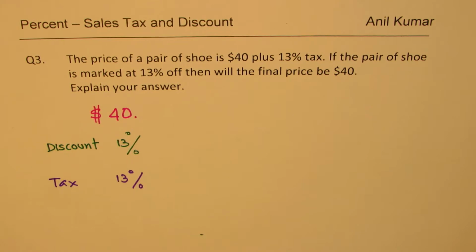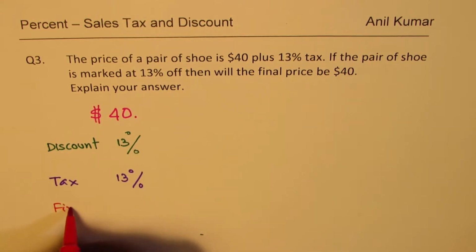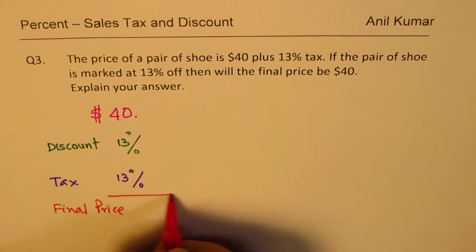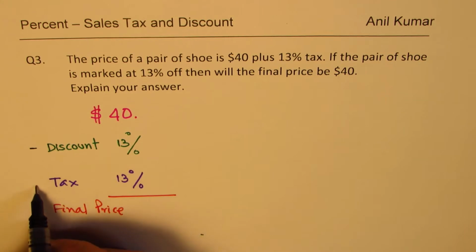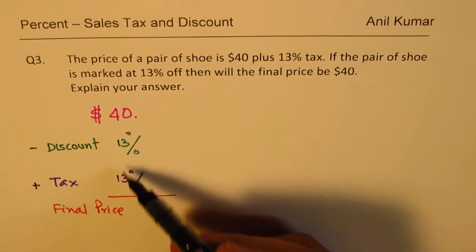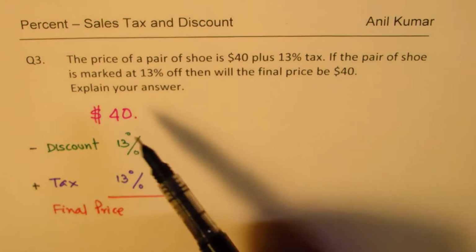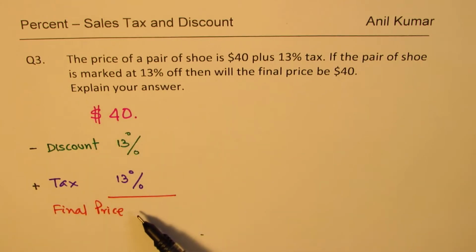Now, the question for you is to figure out what the final price is. Discount will be taken away and tax will be added. Will these two 13% cancel out and you get the final price as $40? That is your question.